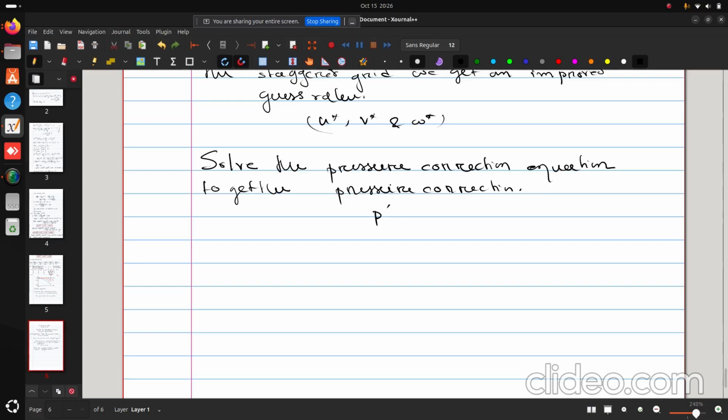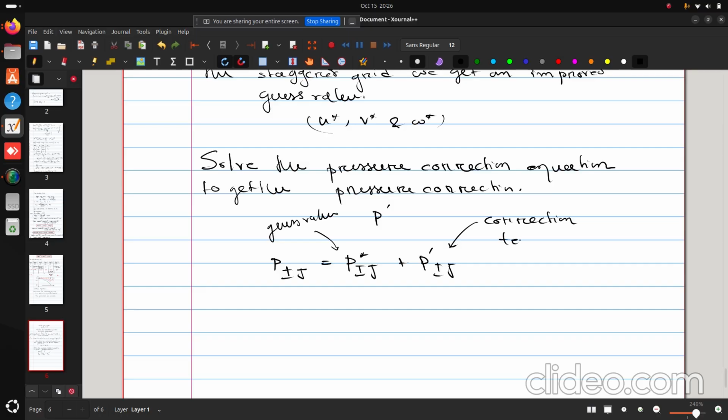So once we have the pressure correction term, we will correct the pressures at each grid point, and also the velocities at each grid point, which is given as P capital I capital J is nothing but P capital I capital J star, which is the initial guess value, plus the P prime capital I capital J, which is the correction term.